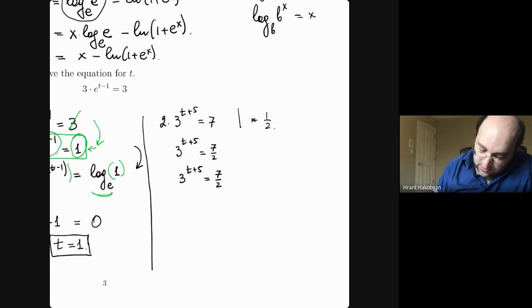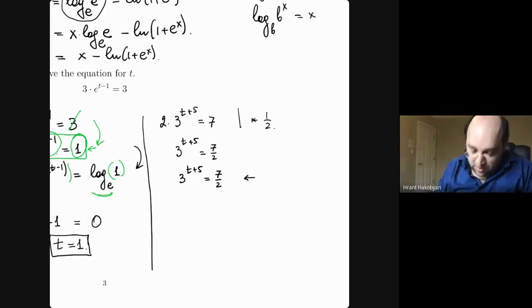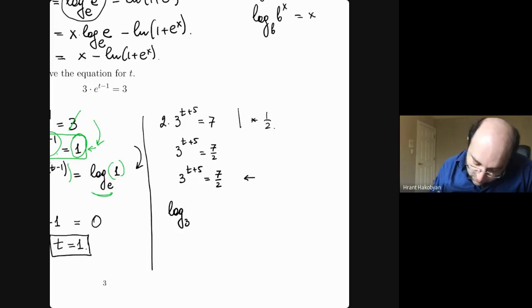Next, to solve this, I take logarithm of both sides, and since I want to get rid of 3, I'm going to take logarithm with base 3. So it's logarithm base 3 of 3 to the power t plus 5, equal to logarithm base 3 of 7 over 2.